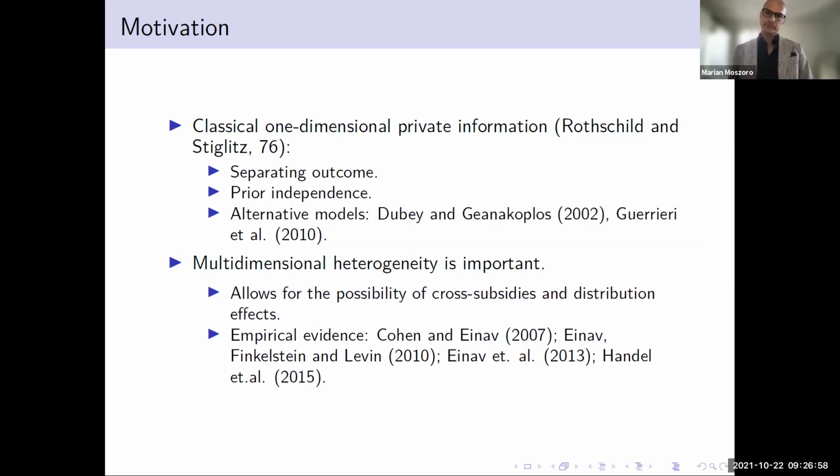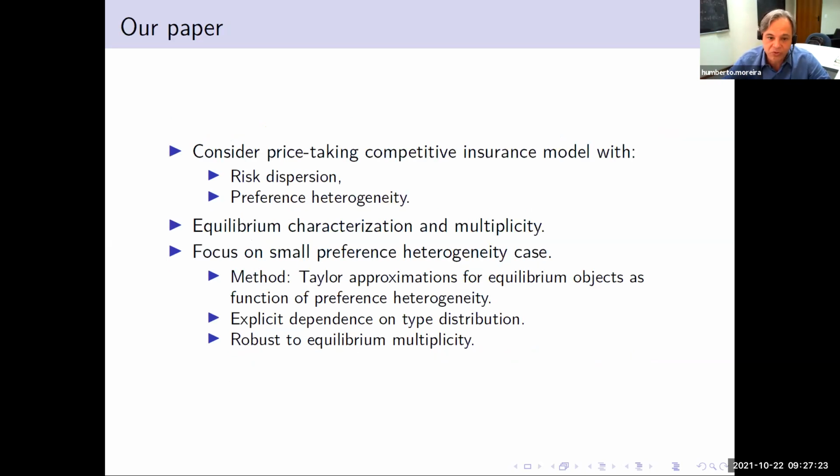They show that the observable heterogeneity in risk aversion is greater than that in risk, and as I am going to illustrate in this paper, this has important implications for insurance pricing. Our paper is a theoretical paper, not empirical, but the empirical part is tied closely to our contribution, as I will try to convince you.